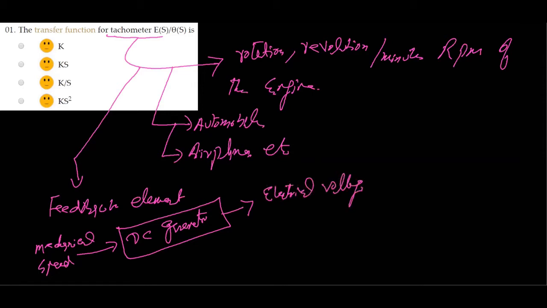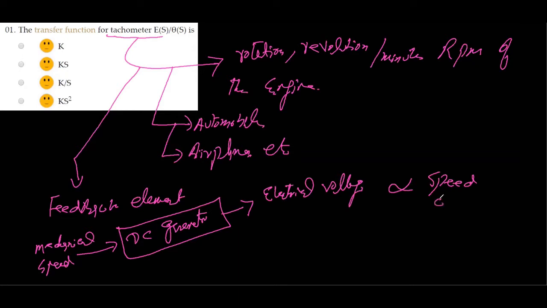So the input is the mechanical speed and the output is the electrical voltage. This electrical voltage is directly proportional to the speed of the input, the rotational speed.